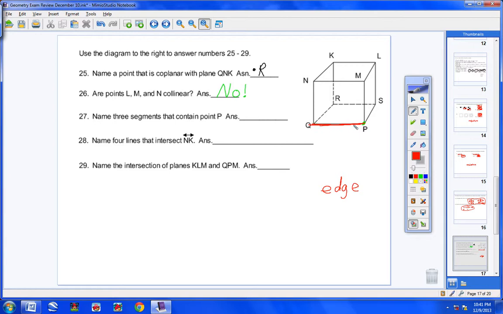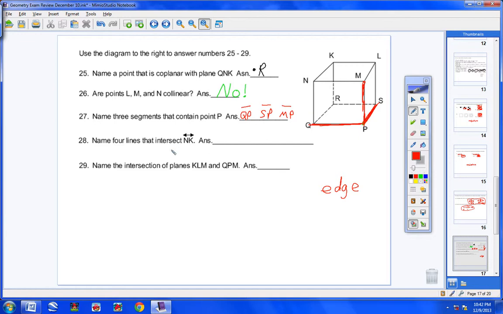Well, QP contains P, SP contains P, and MP contains P. So I would say segment QP, segment SP, segment MP. Those 3 segments.